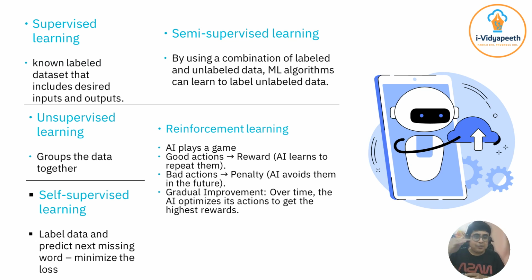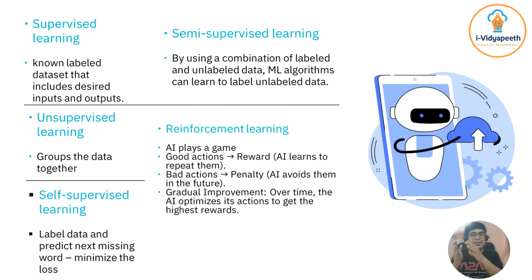Now let us look into these two different categories: the supervised learning method and the unsupervised learning method. In the supervised learning method, suppose for example, this is the machine learning model. I have given the example of a cat. We are giving the subject that this is the data set of cats and these are the features you need to train on. So it is a known labeled data set that includes the desired input and output.